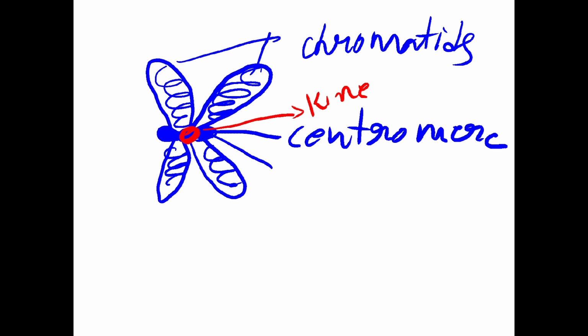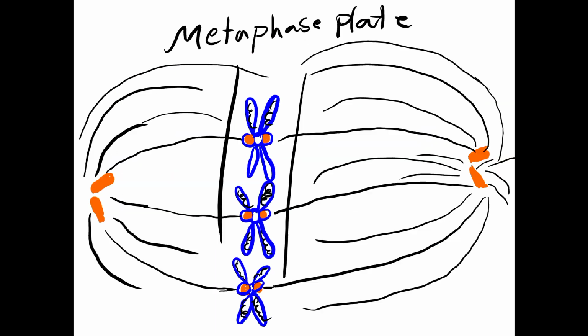Two chromatids are attached by the centromere. Beside the centromere, a small semicircular disc-like structure is called the kinetochore. This kinetochore plays an important role during the metaphase. So what is that important role played by the kinetochore? Let us discuss now.